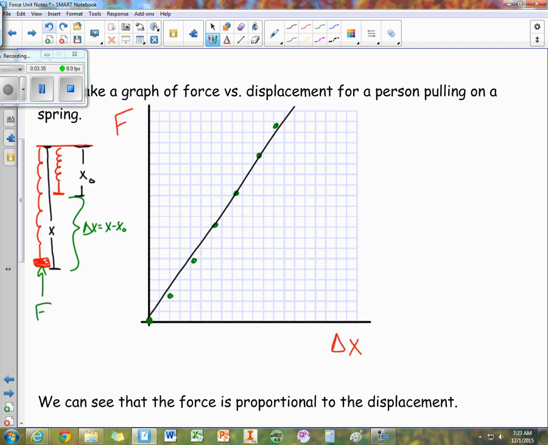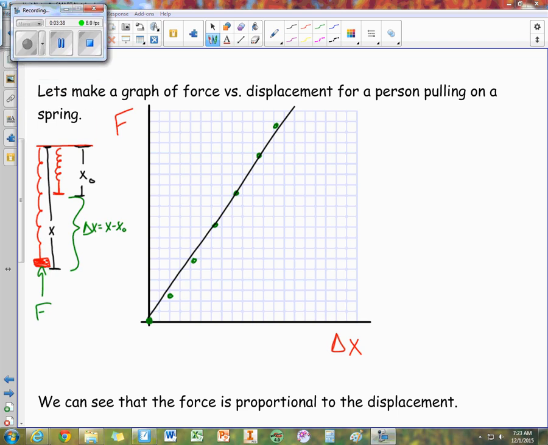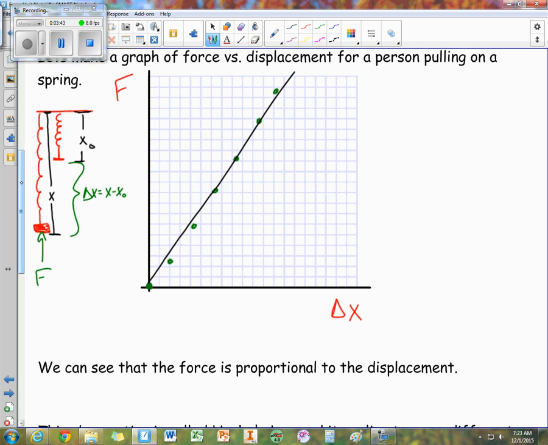That's a better line. Okay. Now, looking at this, because this is a linear relationship, and again, I'm going to have you do this with your own spring just to prove that it's a linear relationship. I'll give you a spring, some weights, and some graph paper.